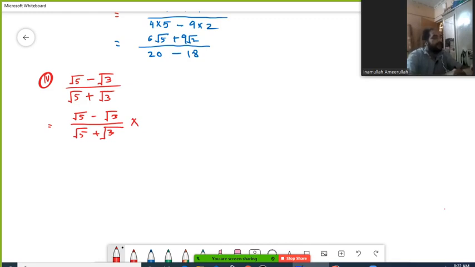So my denominator is root 5 plus root 3, so I'll take root 5 minus root 3, root 5 minus root 3. Remember, I am not multiplying the fraction by the numerator. I am using my denominator by changing its sign. So root 5 minus root 3.